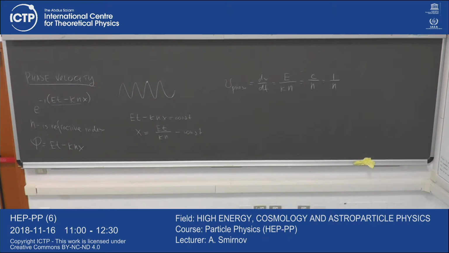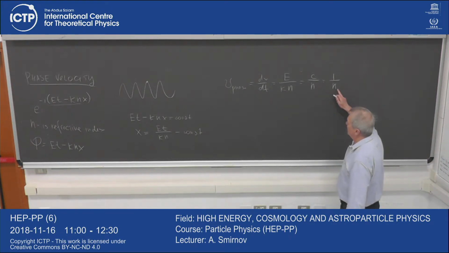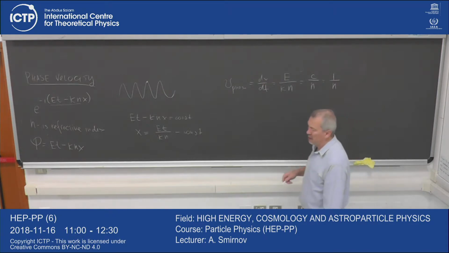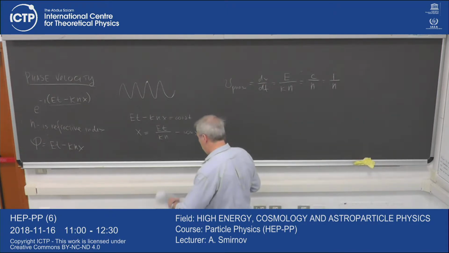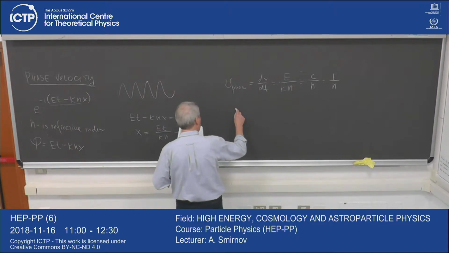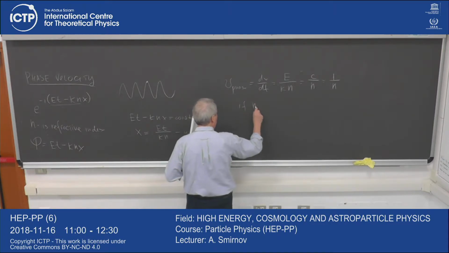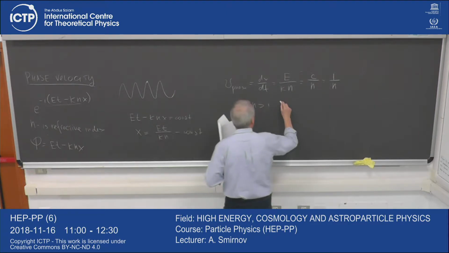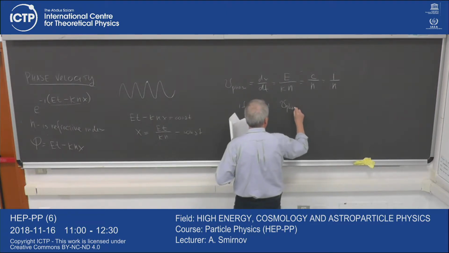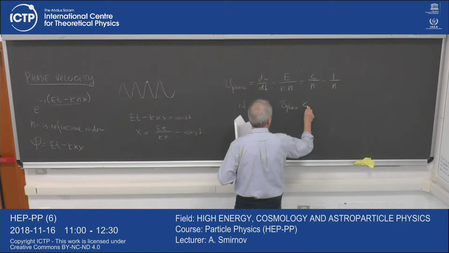So the phase velocity can differ from the velocity of light in vacuum, since we are using units where c equals 1. If n is bigger than 1, then the phase velocity is smaller than c.